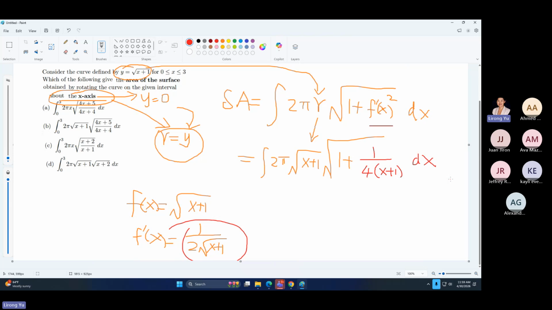The integration limit should be the x value, and you can see the x value is from 0 to 3. If we work it out, see what it is.